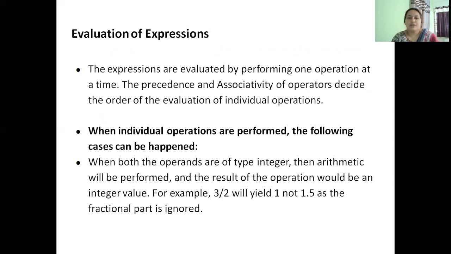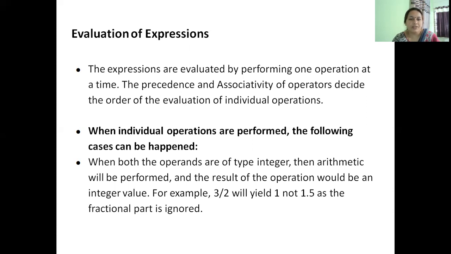When it comes to evaluation of expressions, expressions are evaluated by performing one operation at a time. The operator precedence and associativity rules of operators will decide the order in which the expression will be evaluated and the individual operations are performed.